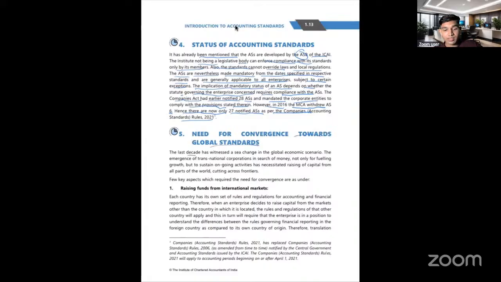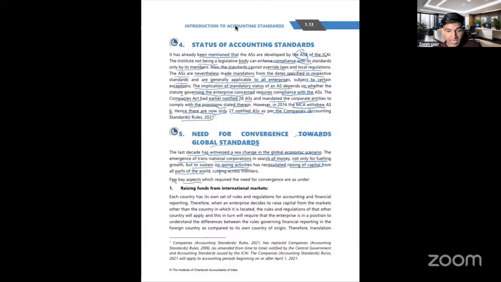The last decade has witnessed a sea change in the global economic scenario. The emergence of transnational corporations in search of money, not only for fueling growth but to sustain ongoing activities, has necessitated raising of capital from all parts of the world, cutting across frontiers.